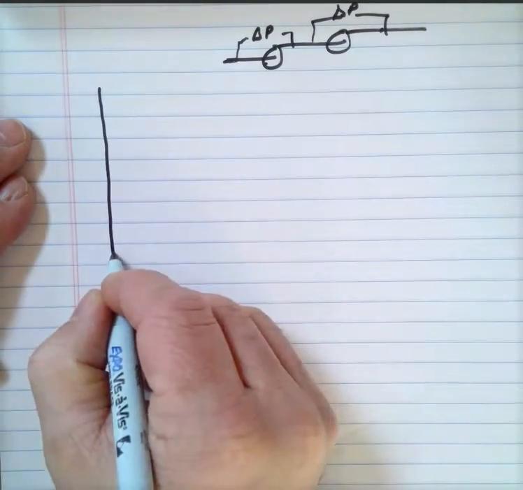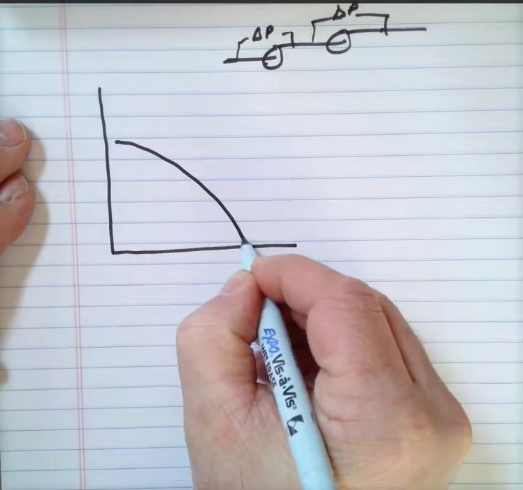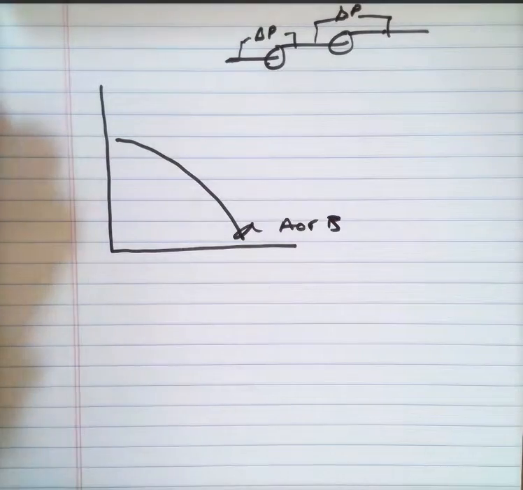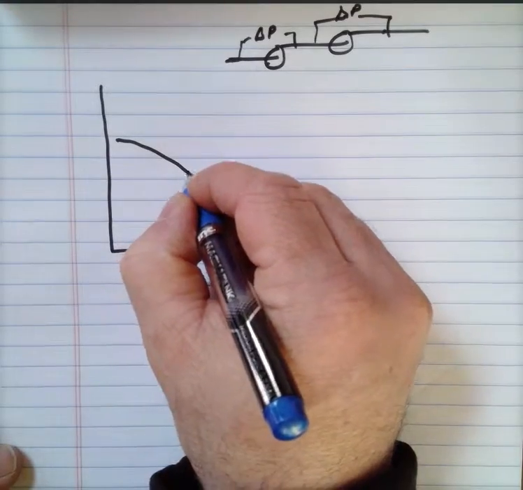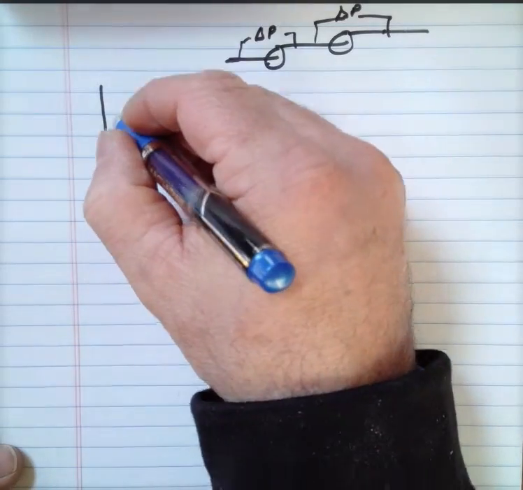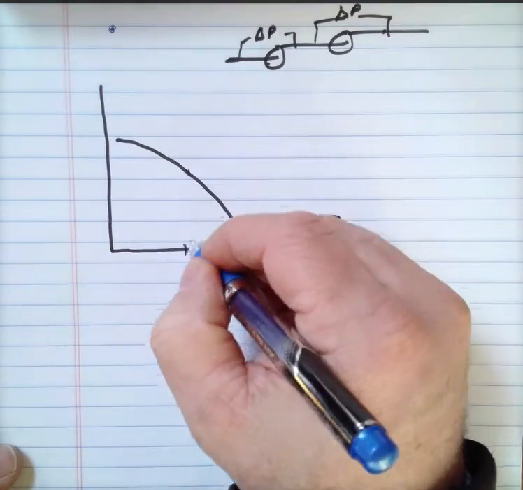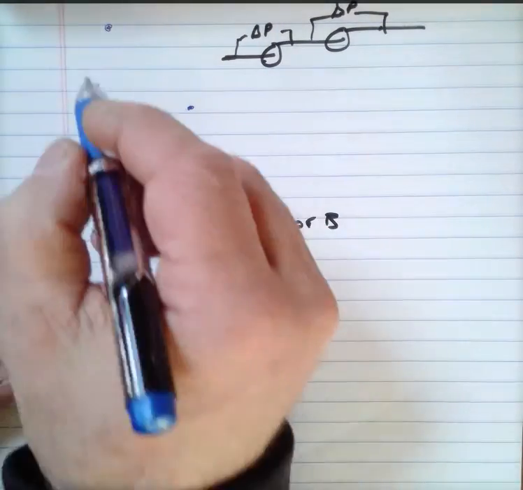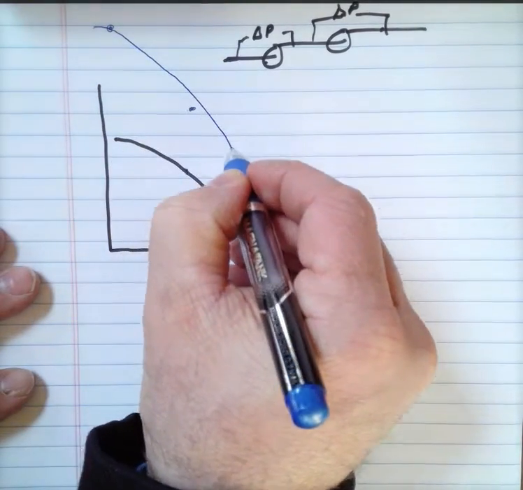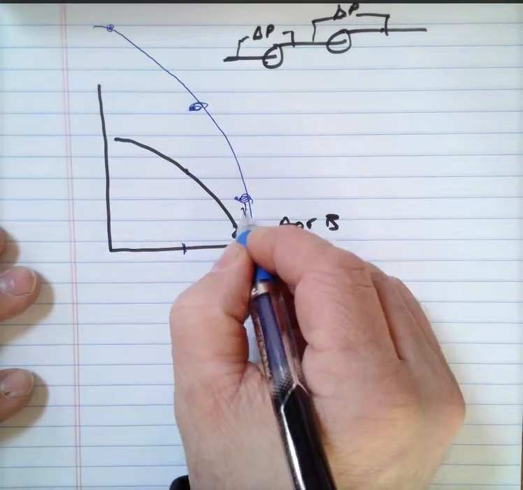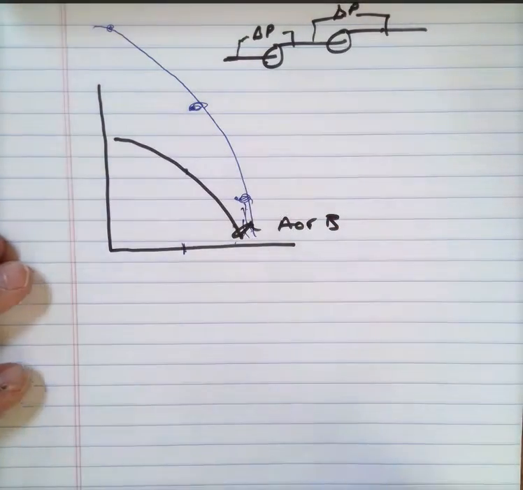So if we have a pump curve for A or B, it's the flow rate that gets held constant and the difference in pressure that adds. So you take this height and add it up there. Take this height and add it up there. Take this little height and add it there. And so the pump curve adds vertically.